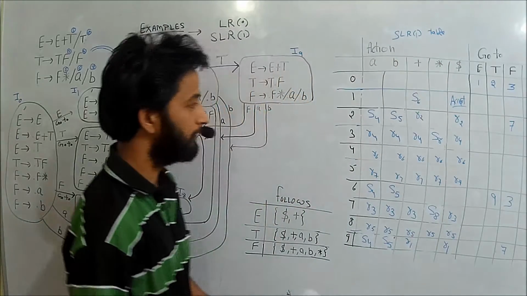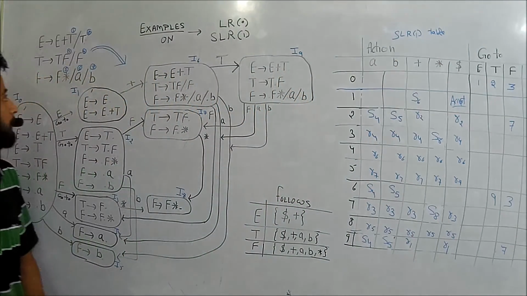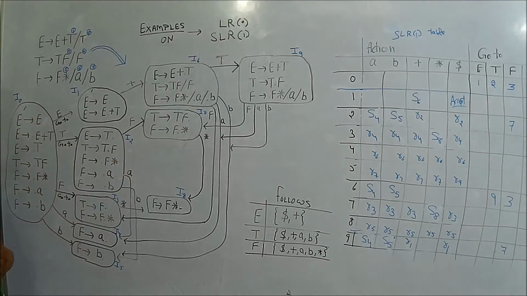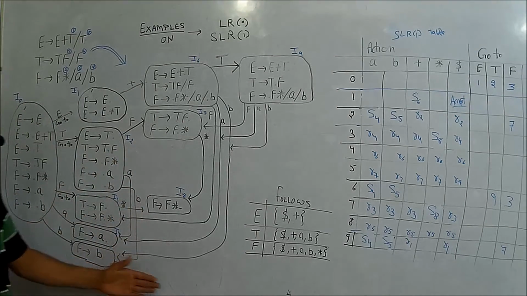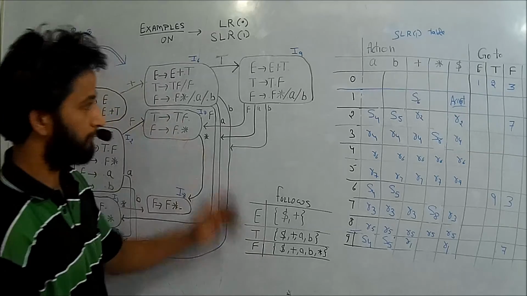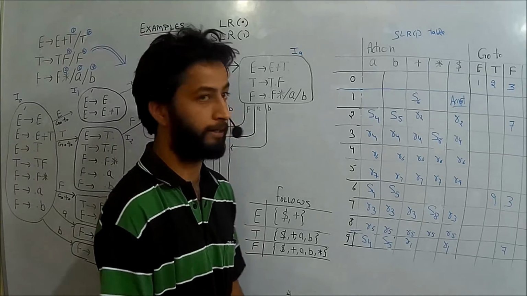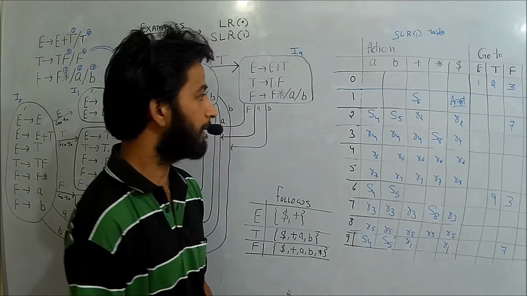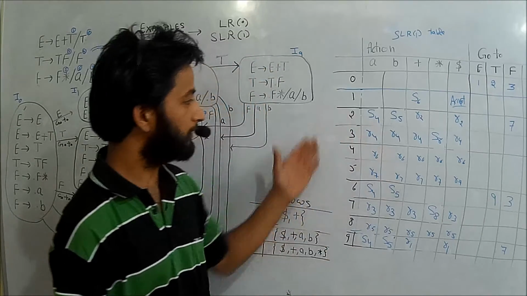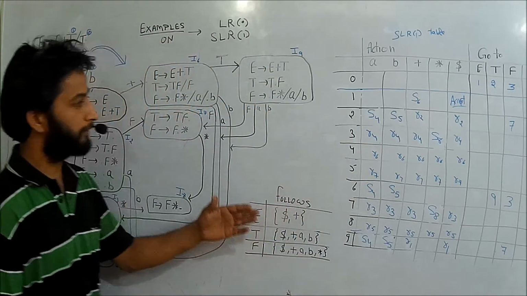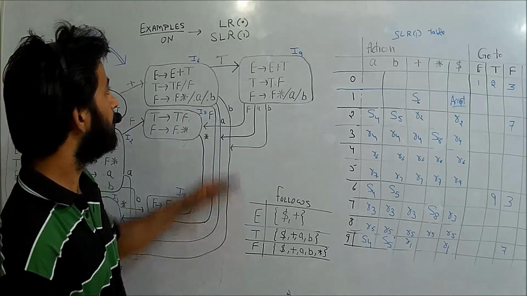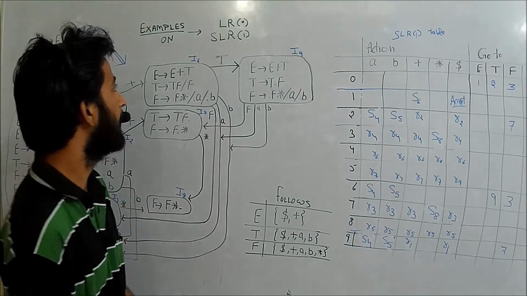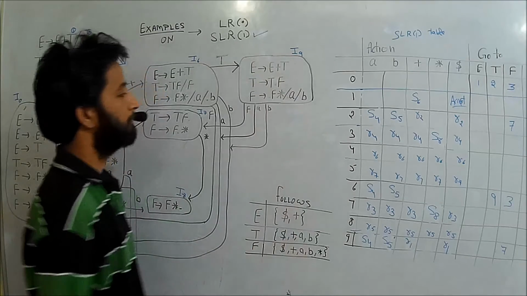Okay, so this one is the SLR1 parsing table for the given grammar, made with the help of the canonical collection of LR0 items and the follows of that grammar. After designing this SLR1 parsing table, we have seen there is no conflict in the table. So with the help of this table, we can say that the grammar is SLR1 grammar.